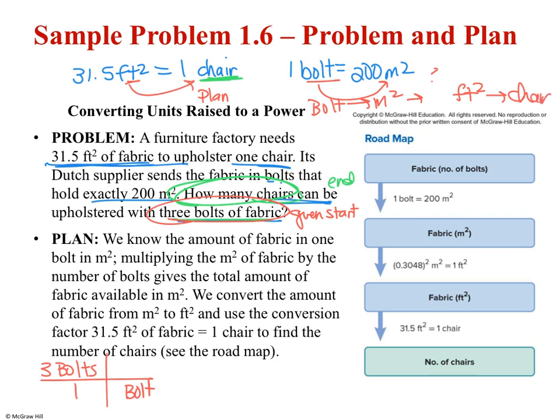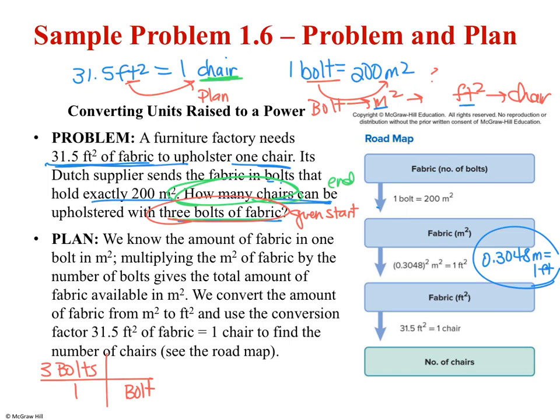But how do we go from meter squared to feet? Well, you can look, and on that list, you can see that 0.3048 meter equals 1 foot. Okay? Now, but we're dealing with meter squared and feet squared.